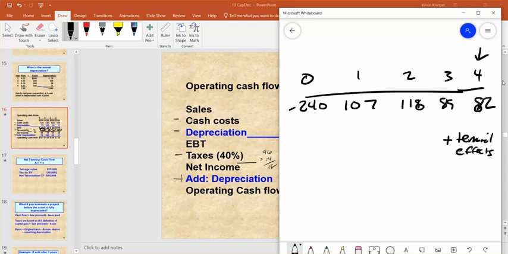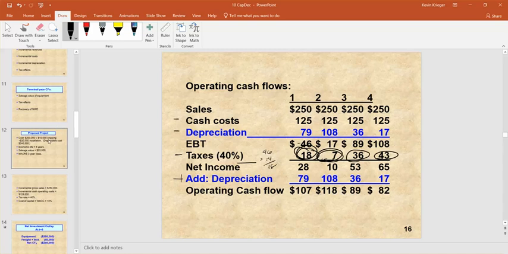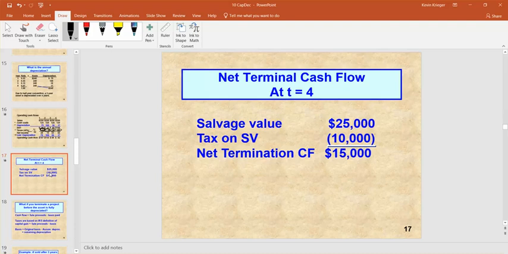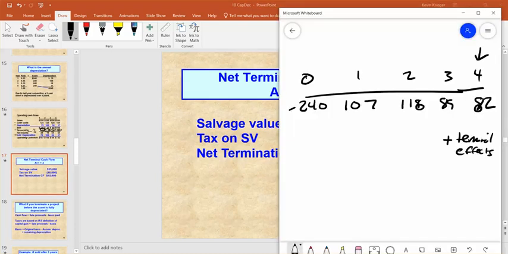Well, what are some terminal effects? We didn't have any net working capital on this one, but we do have salvage, right? It says here that we can sell our equipment for $25,000 in salvage. And here's the deal, folks. You don't get to just pocket all $25,000 of that. That's what's here on this slide, right? So you get to add, in this case, $25,000 more of cash flow, but you don't get to keep it all.